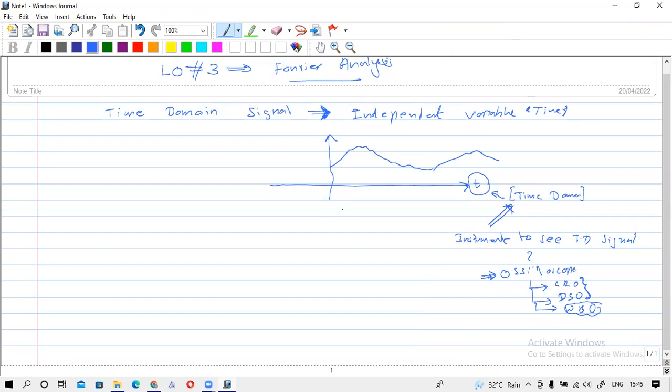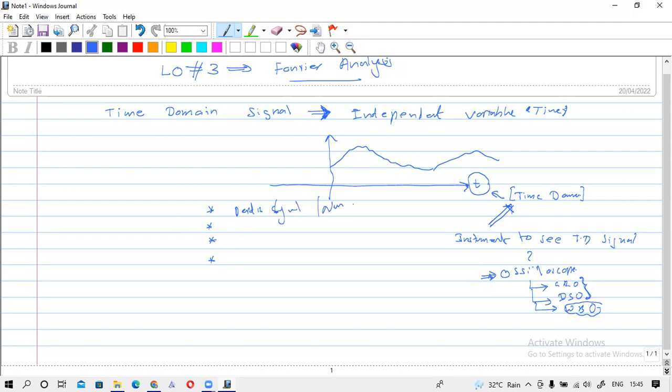Up to now, we were learning about this type of signal. We have classified this time domain signal into several signals, like periodic signal, non-periodic signal, odd signal, even signal, and so on. Can you remember?